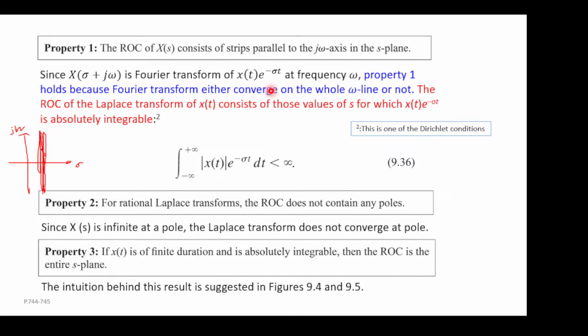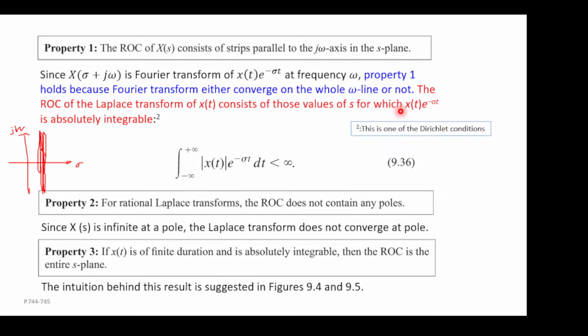Generally, we think that it will converge on the whole line or not. If you want to see the details, the book has references to more mathematical books, where you can read the more rigorous arguments. But this is what we will believe for the Laplace transform.